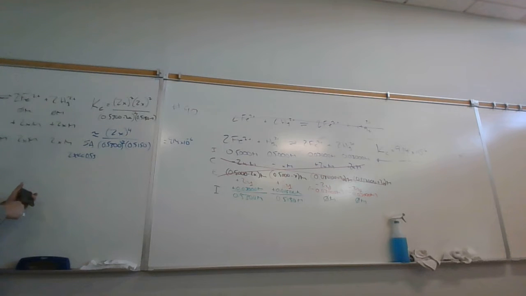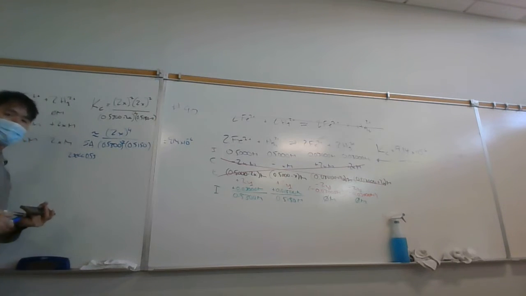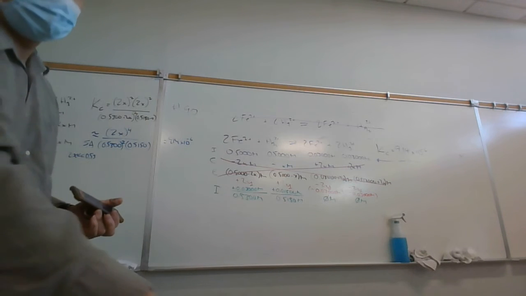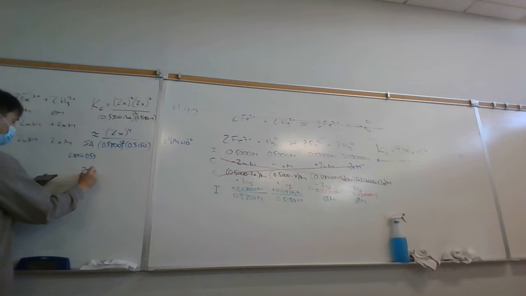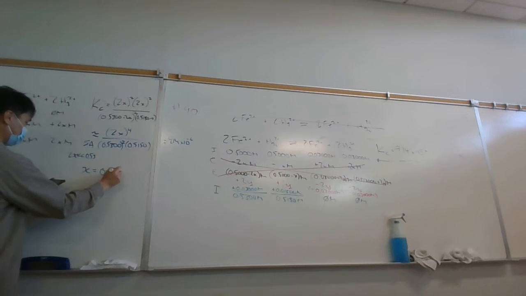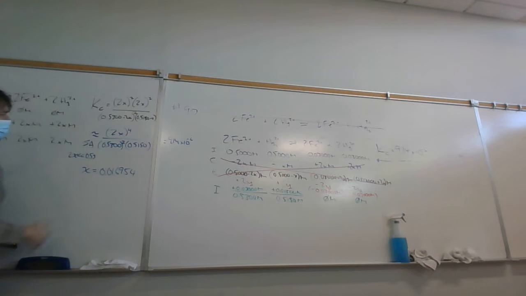And so I calculate an x value equal to 0.01695, just carrying some extra digits there.